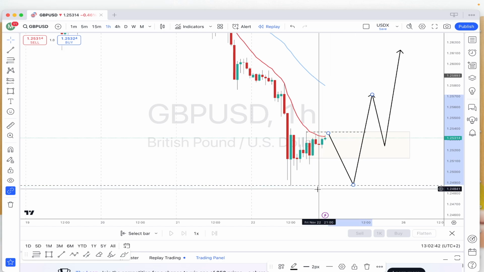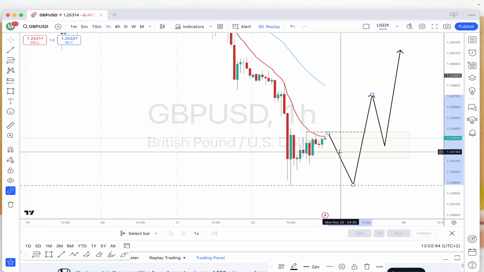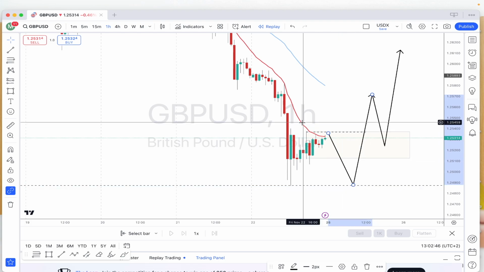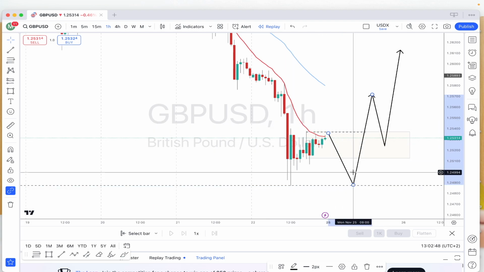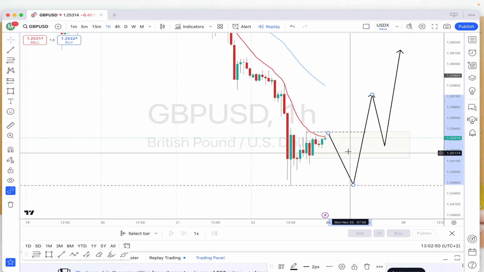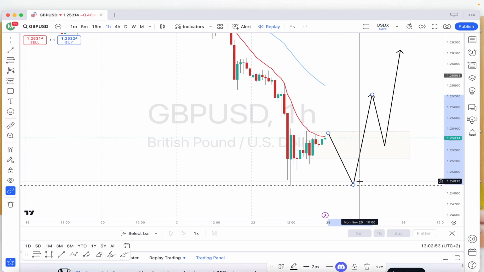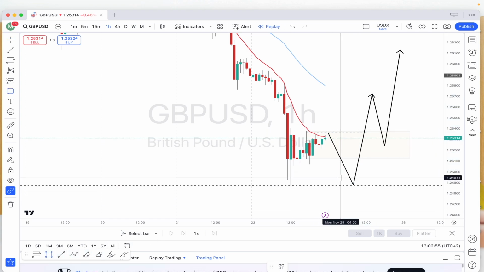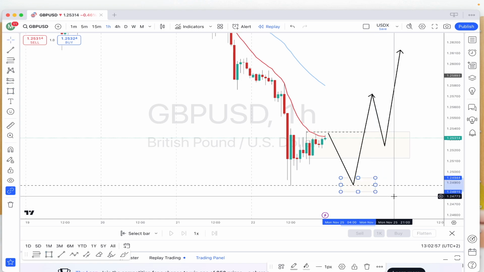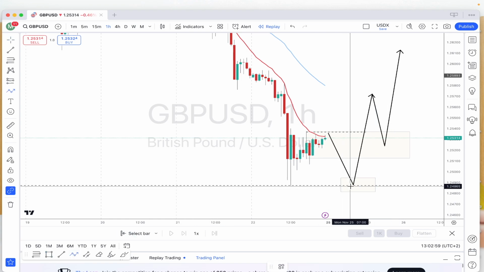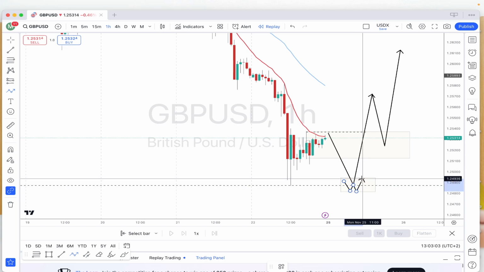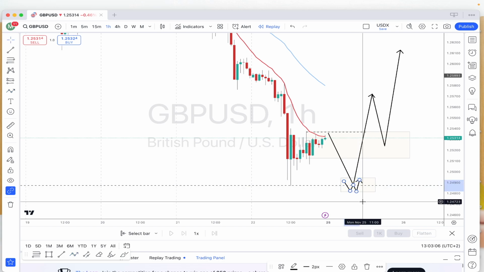Number two, do not attempt to take a trade until and unless you can see that the W is being formed. Or let's say they come down here and they come at the bottom here and actually form a W from smaller time frames. So this V becomes a W from smaller time frames.